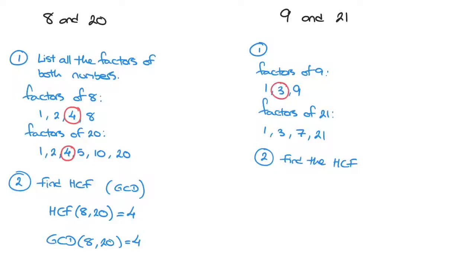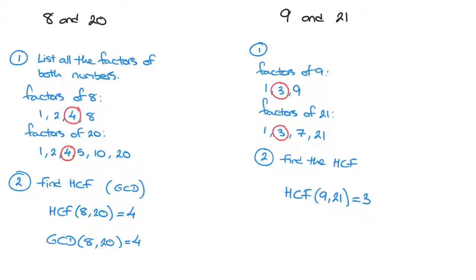Indeed, we have 3 here and 3 here, and that's the highest common factor of 9 and 21. So we go ahead and write the final answer, HCF of 9 and 21 is equal to 3.